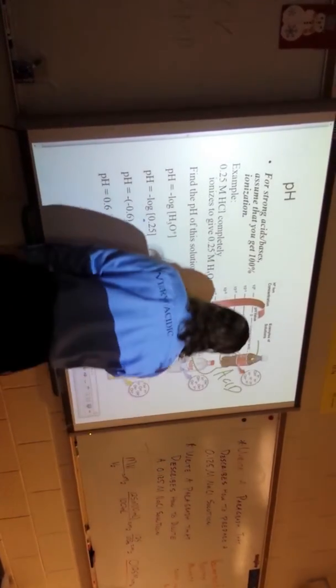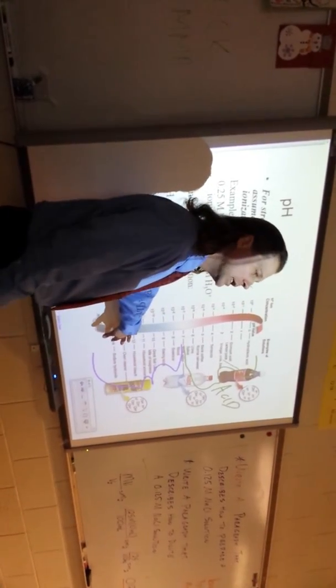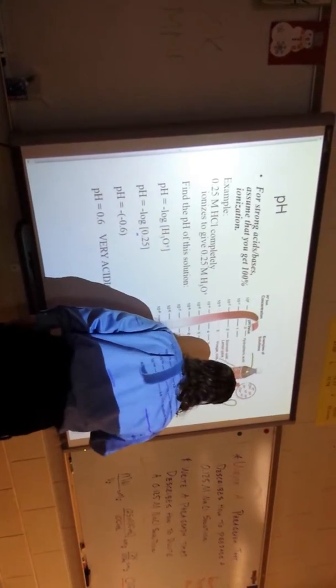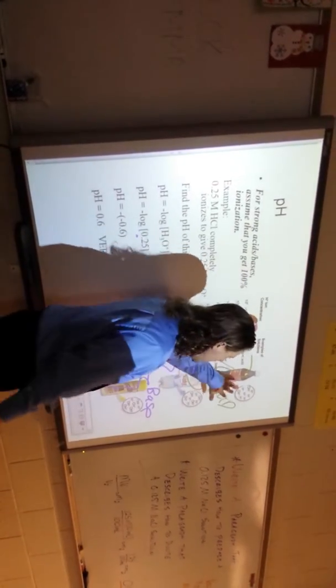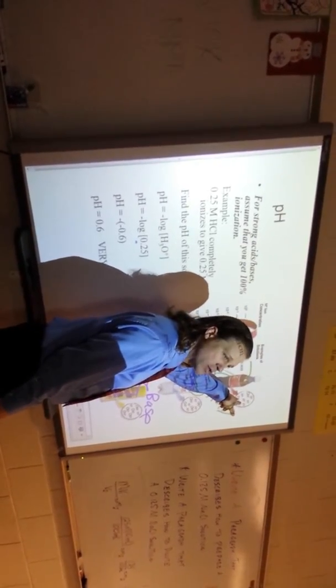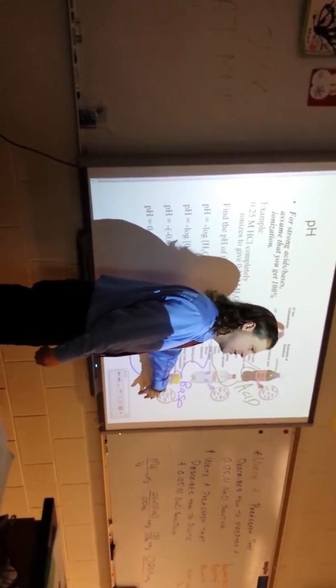Anything that has a pH just above 7 all the way to a 14 is going to be considered a base. Now if it's an acid, you have more hydrogen ions floating around than you do hydroxide ions. If it's a base, you have more hydroxide ions floating around than you do hydrogen ions.